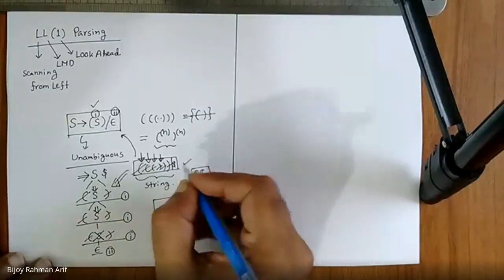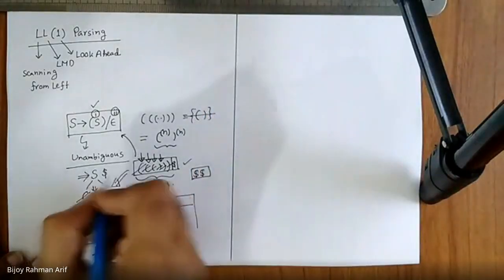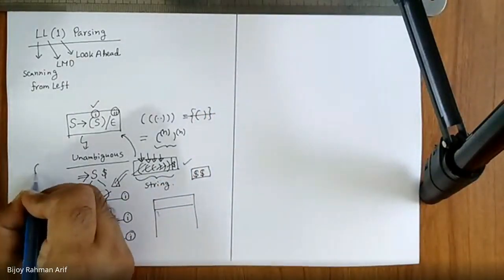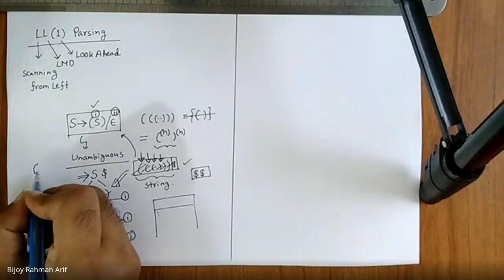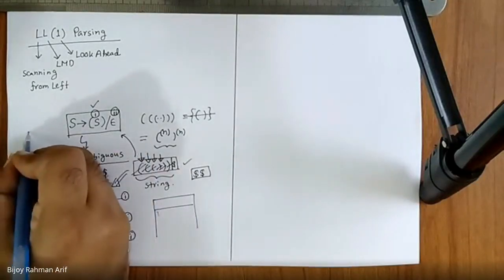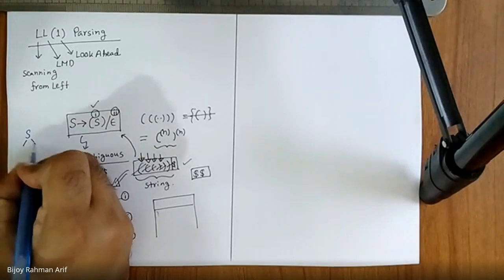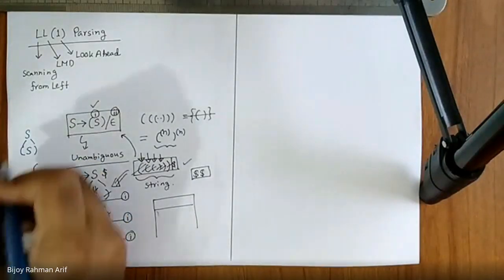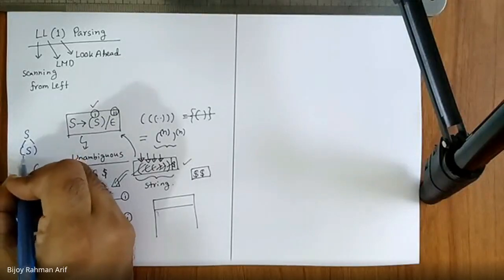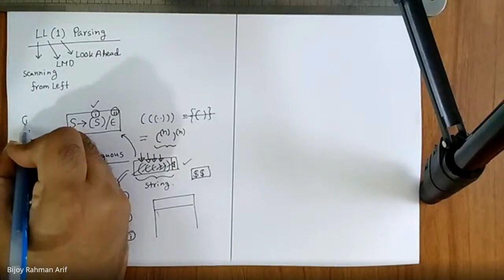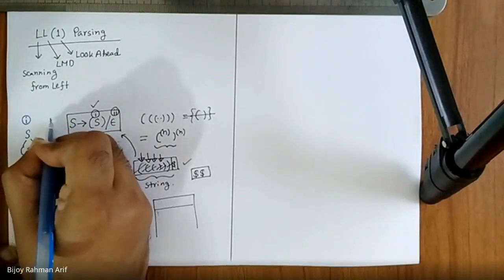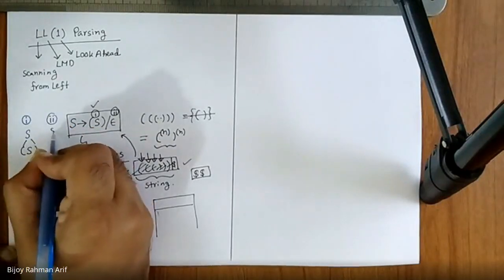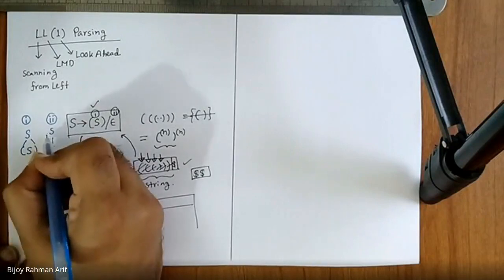If I need to generate this open parenthesis in this grammar, then S can derive to this. Am I right? At the very beginning it is generating this open parenthesis. And the second production is S derives to epsilon. That means it is vanishing the S. Am I right or not?